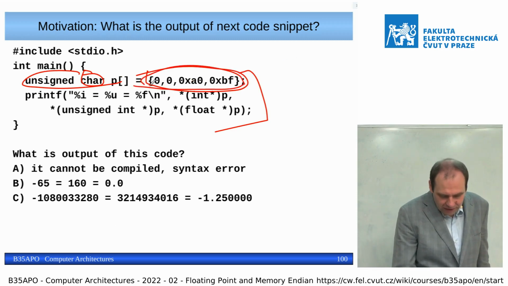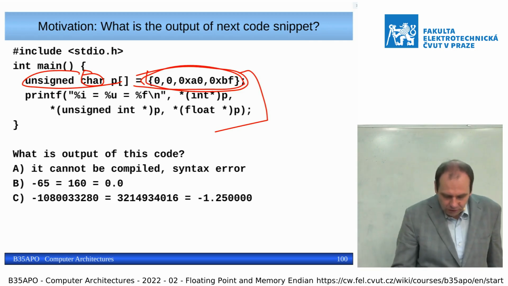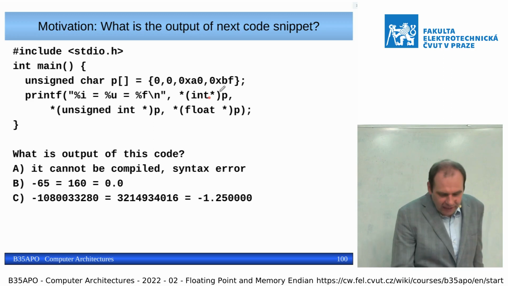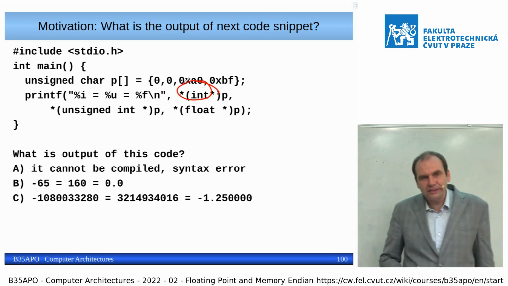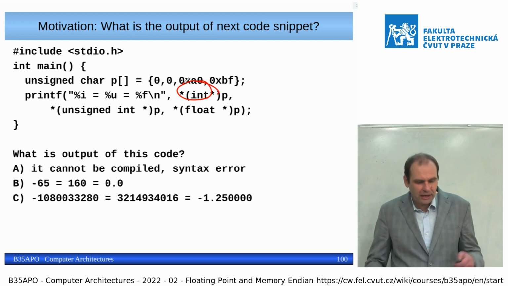So you can build the array with this value in the memory, and then you can say that you want to look at this array as a single integer, and it reinterprets the value in the memory as an integer.